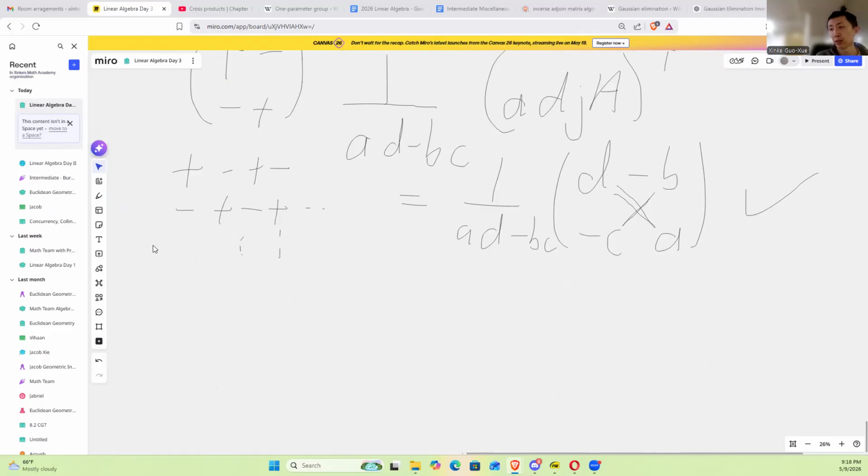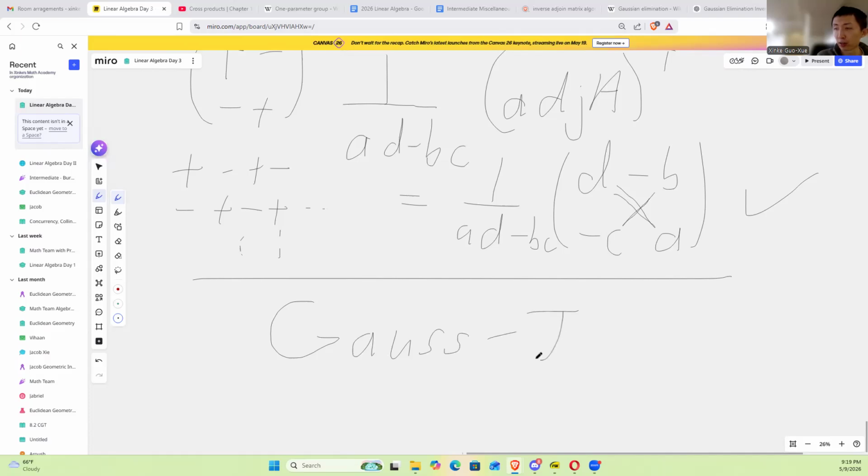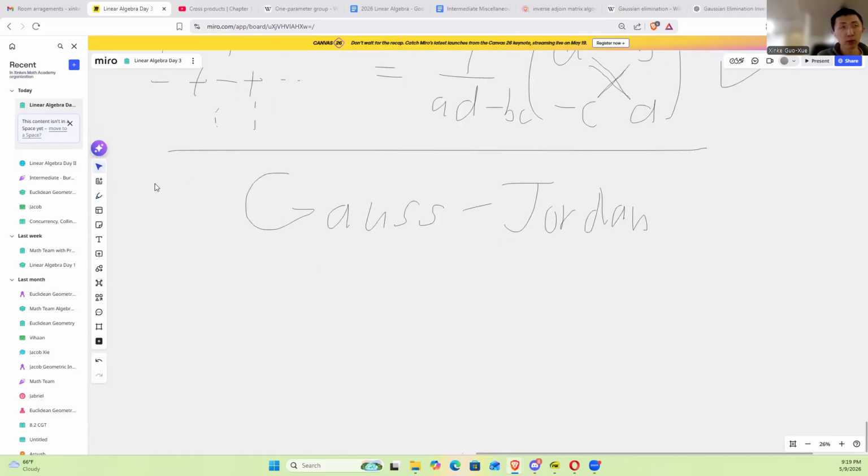Okay, another way to find the inverse is with Gaussian elimination. The way this works is, let's say we start with this matrix.